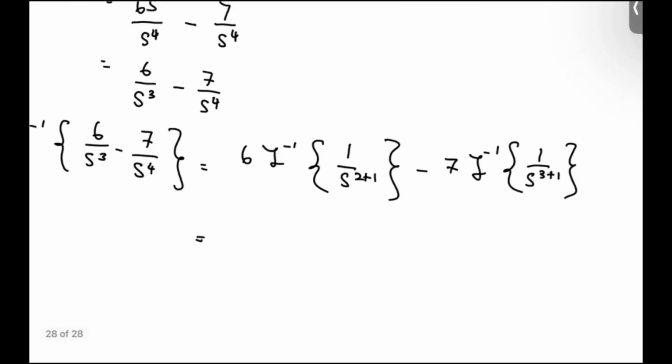Okay, so now I have this one. Here I need to have 2 factorial, so I multiply by 2 factorial and divide by 2 factorial. While here I need to multiply by 3 factorial and divide by 3 factorial.